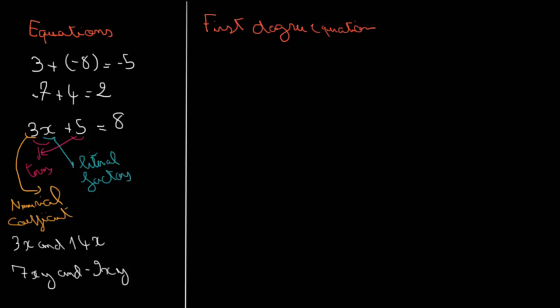An example of a first degree equation is the same example we did here, 3x plus 5 equal 8, or 2x plus 1 equal 5. You can see there's just one variable, x, and it has an exponent of 1.